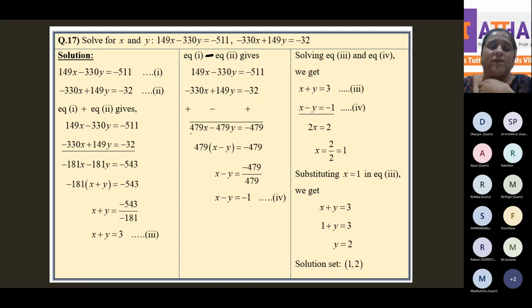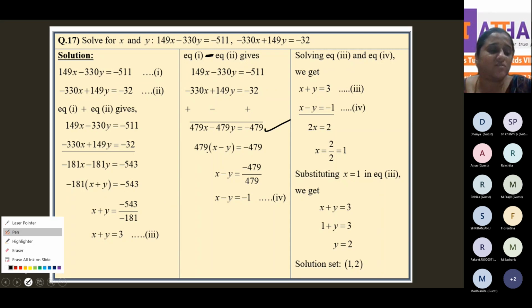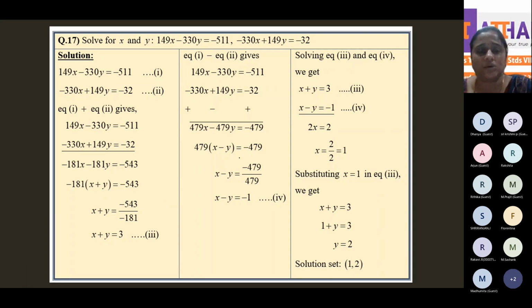When you do, you get this, and 479 is common. Then division goes to the other side, x minus y is equal to minus 1. So by adding and subtracting the two equations, you get two simpler equations, 3 and 4. Now solve these two equations, 3 and 4, to find the values of x and y.